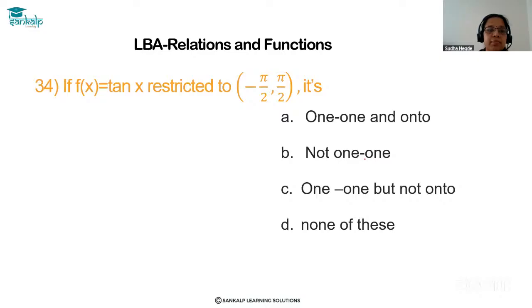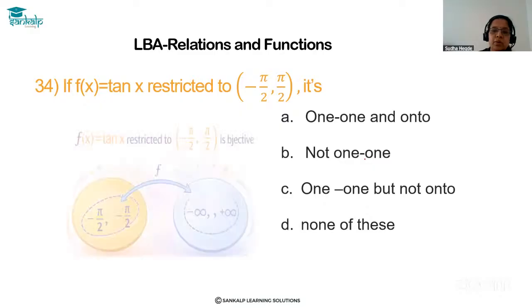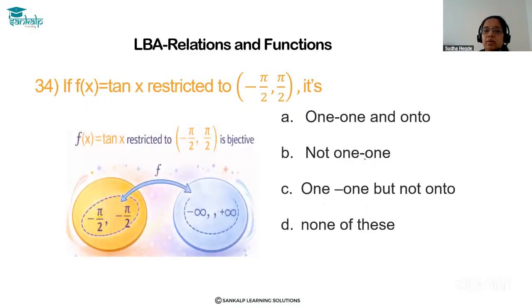Hi students, if f of x is equal to tan x restricted to open interval minus pi by 2 to pi by 2, it is option A 1 1 and onto, option B not 1 1, option C 1 1 but not onto, option D none of these. Okay, you need to check this. Tan x function is tan x.